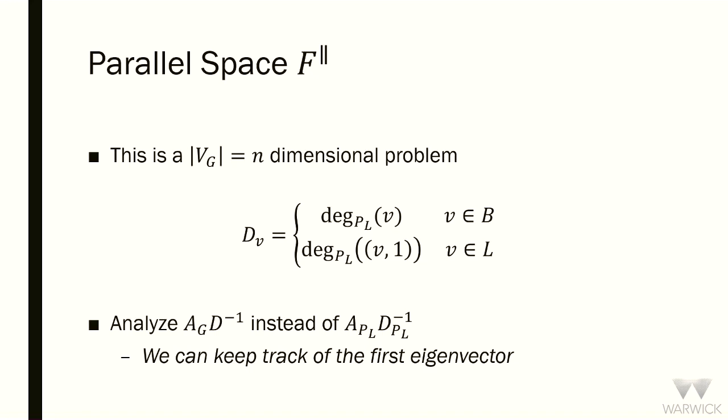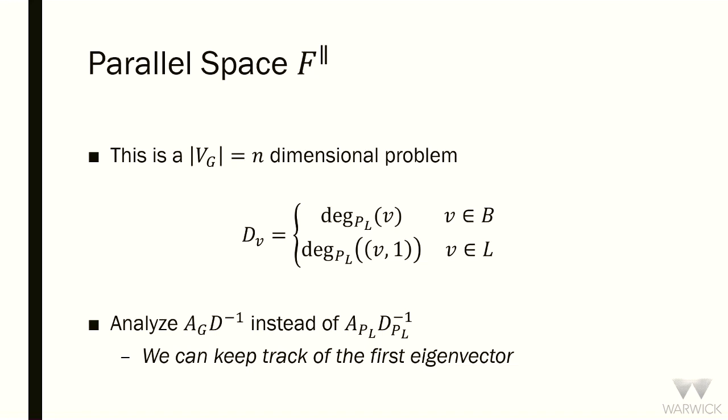This d to the minus 1 is given by this definition. So you just take the degree in the partial lift of a vertex, and for a vertex in L, you just take a representative. And this is an n by n matrix, but it's not the degree matrix of the graph. Okay, the degree matrix of the base graph is just d, the small d, on the diagonal.